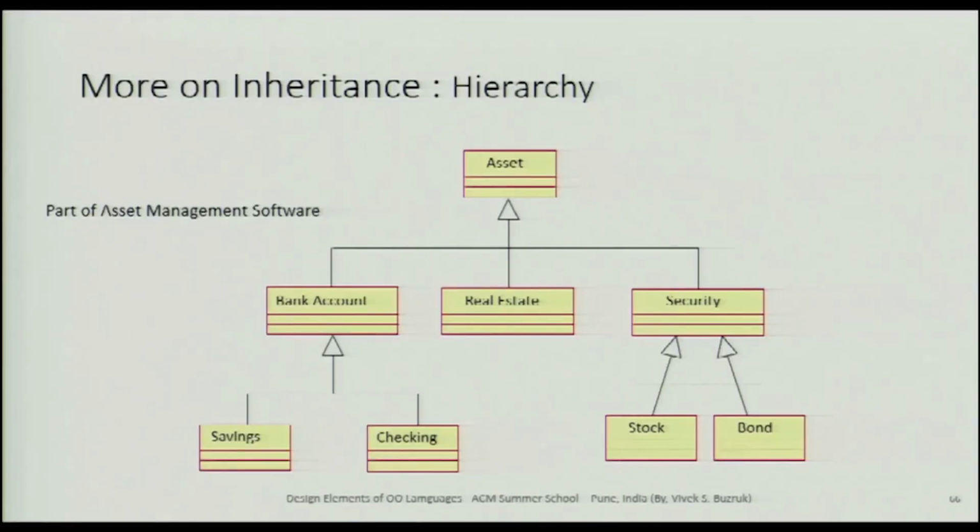For example, asset management software, which allows you to manage your assets, whether security deposits, bank accounts or gold, will define that a bank account is an asset, and savings is a kind of bank account. Obviously savings is also part of this asset, but ultimately this hierarchy you will be able to define. That is inheritance. It is just the way subtyping evolves.